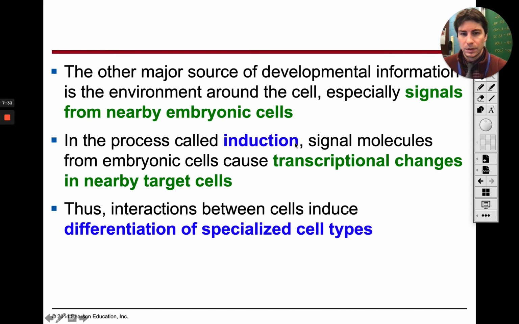So I'll go over that. So for induction, we are going to have signal molecules from embryonic cells, and this is going to cause changes in nearby cells. So this is almost like a proximity kind of thing, and I have a picture of it coming up.